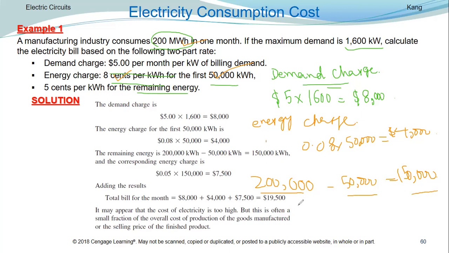So the energy charge for the remaining energy at 5 cents per kilowatt hour will be 0.05 multiplied by 150,000, which equals $7,500.